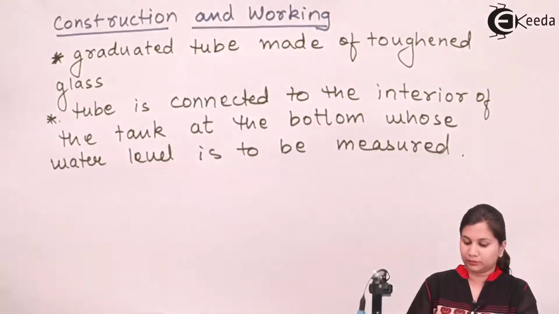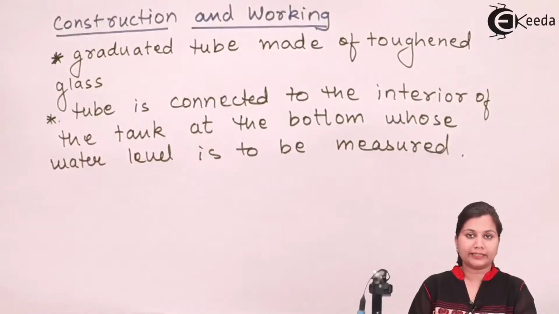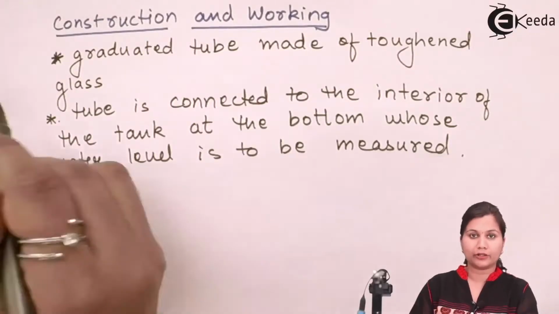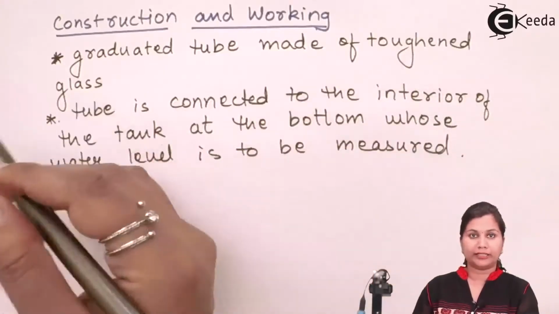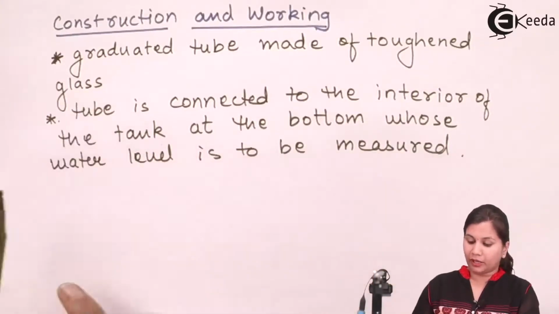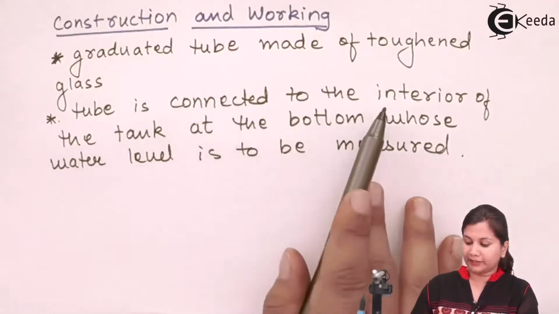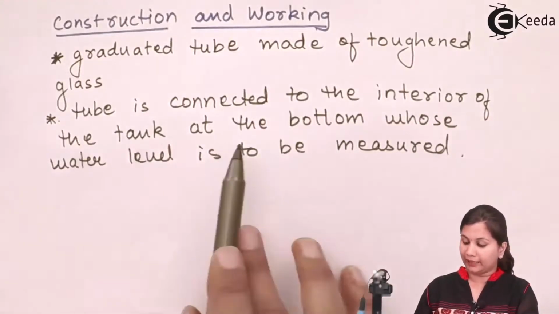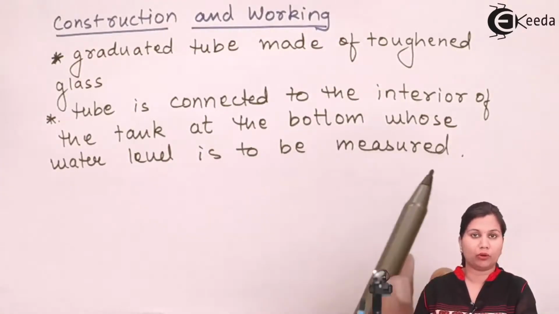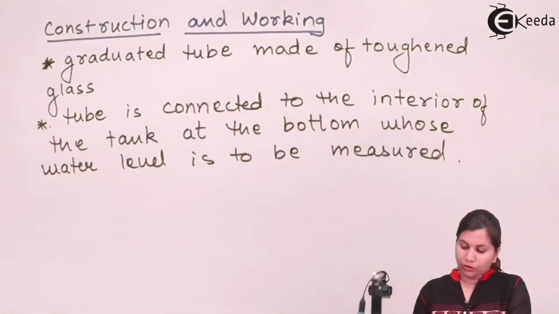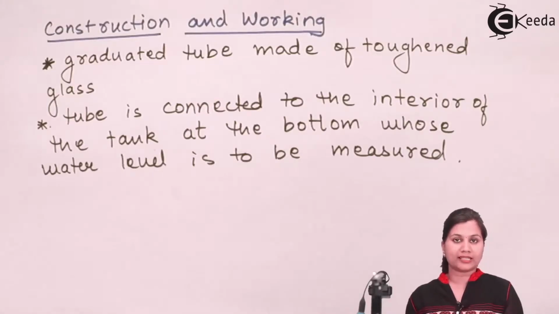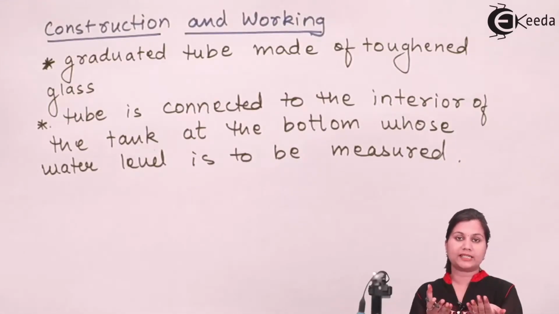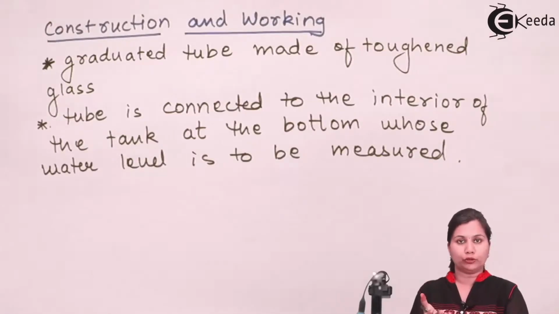The main part of this sight glass tube method is the graduated transparent tube, which is made of toughened glass so that it cannot break easily. Now this graduated tube is connected to the interior of the tank at the bottom, whose water level we want to measure. So as soon as the level of the liquid increases in the tank, the same level increases in the tube also.